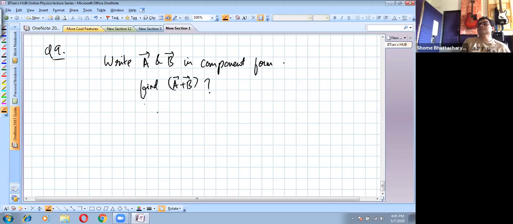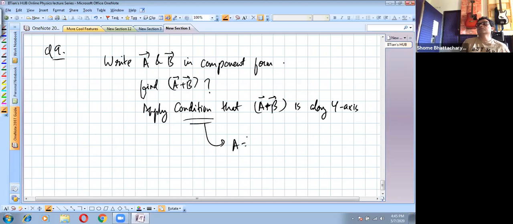And then apply the condition that A plus B is along the y-axis. So applying that condition, you will get your answer.